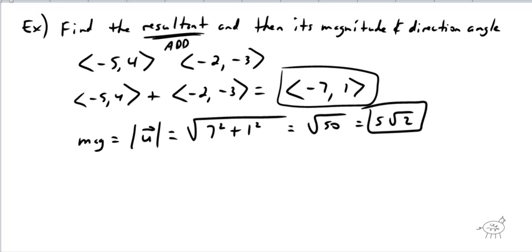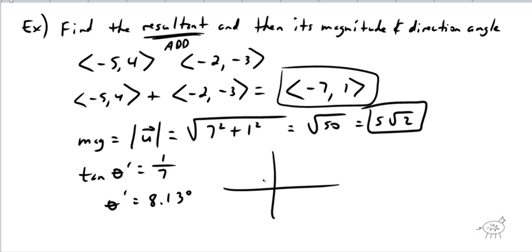Okay, so now we need to find our direction angles. So we're going to do tangent of theta prime, okay, which is, of course, related to Optimus Prime or Amazon.com Prime. And we have, of course, y over x, and we're using positive values. So it's 1 over 7. And we do inverse tangent, and we get theta prime is equal to 8.13 degrees.